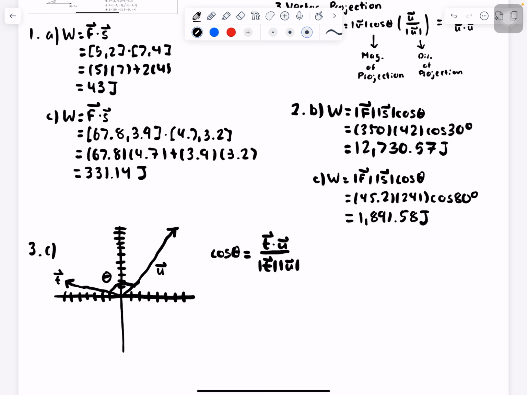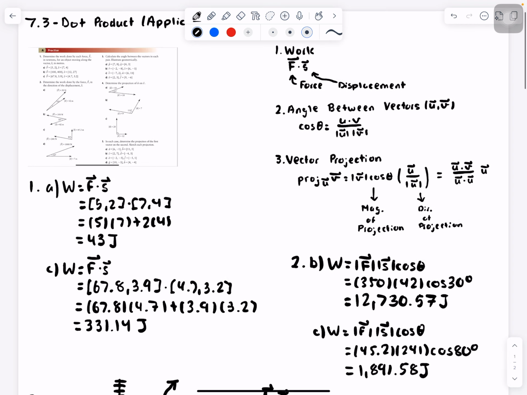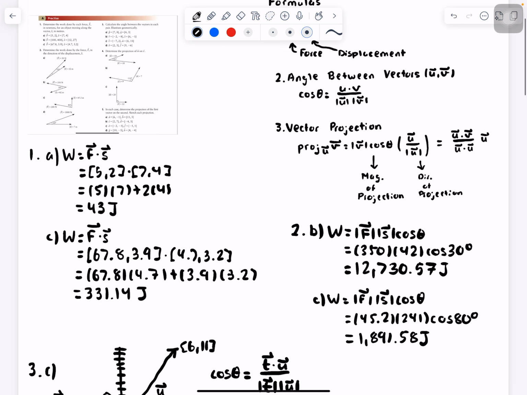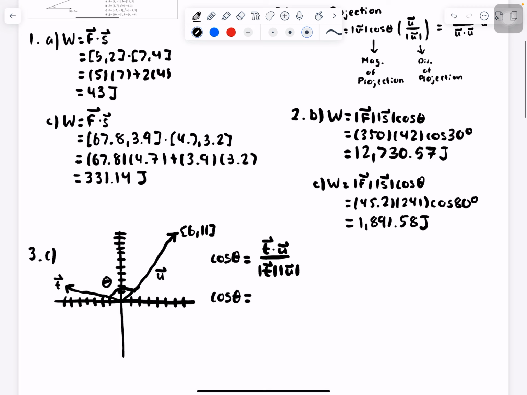Okay, so cosine of theta. The vector u was 6, 11, and the vector t was negative 7, 2. When you dot those, I'm going to do negative 7 times 6 plus 2 times 11, and negative 20 on top.